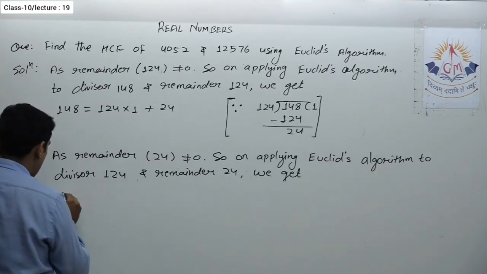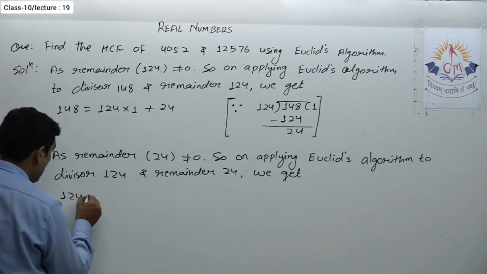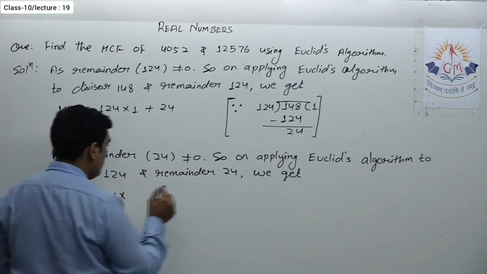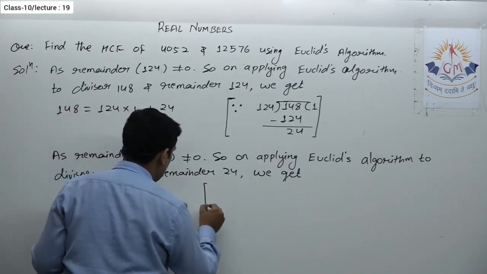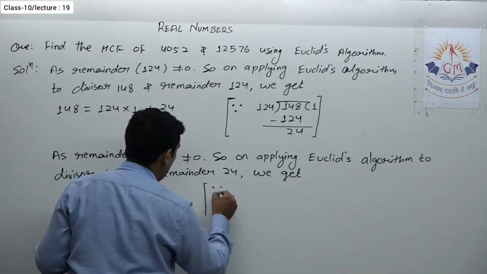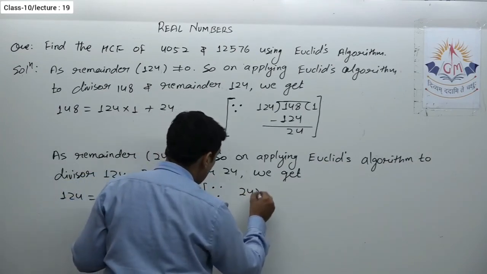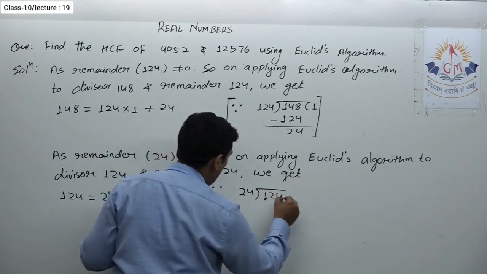We'll get 124 is equal to 24 multiplied by, okay, so here I will show how I will get this. Here I have to divide 124 by 24.